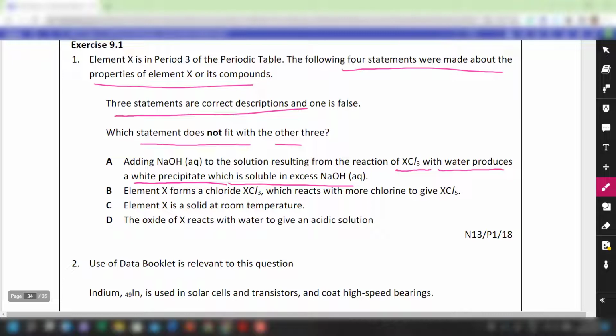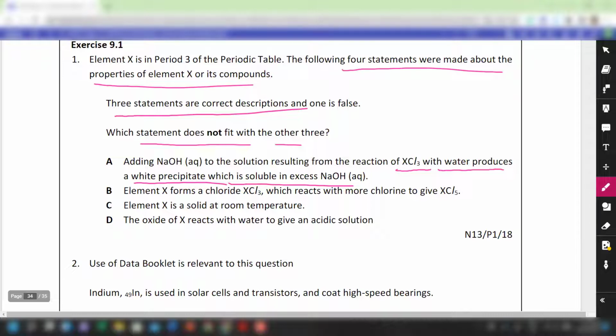Because if you recall what we discussed earlier on, aluminium chloride will hydrolyze completely in water, and in the process, it might produce aluminium hydroxide. When we add sodium hydroxide to it, and then excess sodium hydroxide, due to the amphotericity of Al3+, it will form aluminate, which will dissolve, because aluminate is a soluble complex.